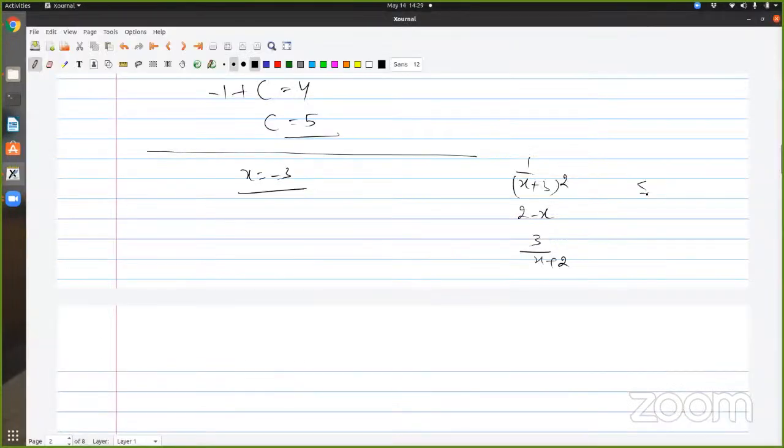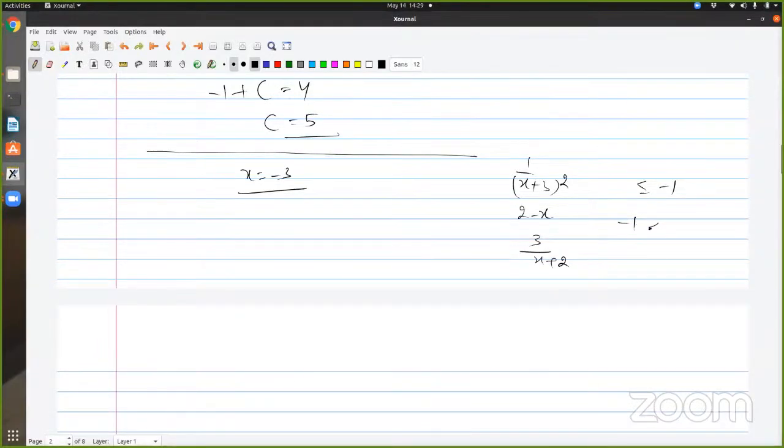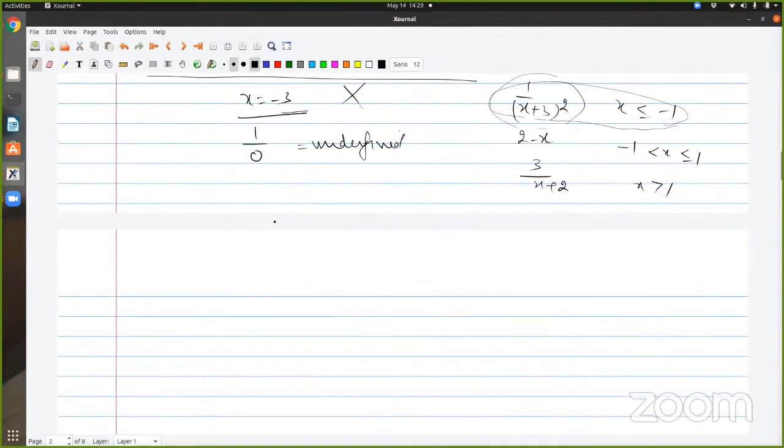This equation will hold. When you put x is equal to -3, you get division by 0, which is undefined. So the function is not continuous at x is equal to -3.